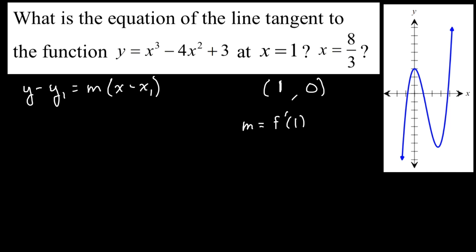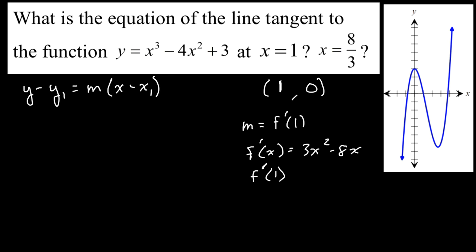Now, what we need to do is figure out what our derivative is in terms of x. The derivative in terms of x would be 3x to the second power minus 8x, and the derivative of a constant is always 0. Now we evaluate that derivative at 1.